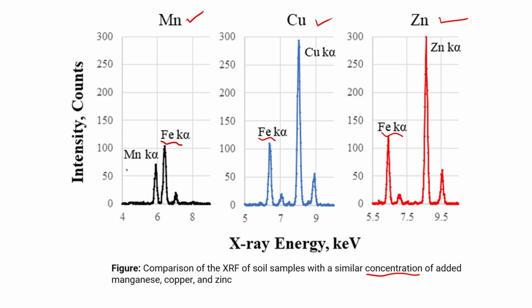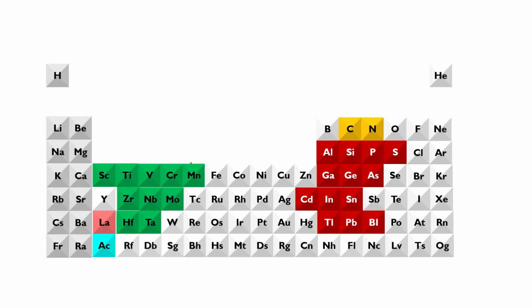The manganese peak, the copper peak, the zinc peaks are also available, but interestingly, the manganese peak is very low as compared to the copper and zinc. There may be other reasons, but one reason is that the manganese atomic number is less than the copper and zinc. We can see here in the periodic table, this is the manganese. So it has a lower atomic number than the copper and zinc.